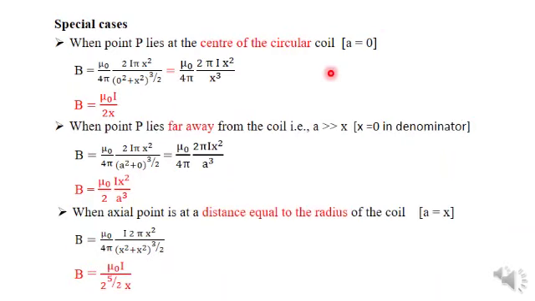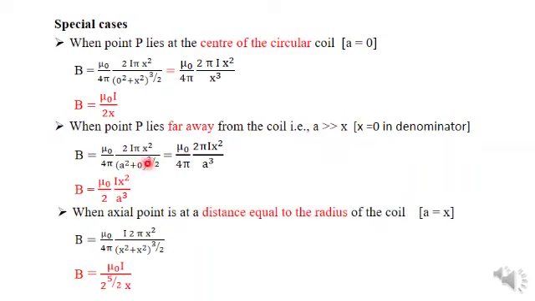Special cases. When point P lies at the center of the circular loop, put x equal to 0 in the above expression. After cancellation, we will get B equals mu 0 I divided by 2a. Second case, when point P lies far away from the coil, means x greater than a, put a equal to 0 in the denominator of the previous equation.